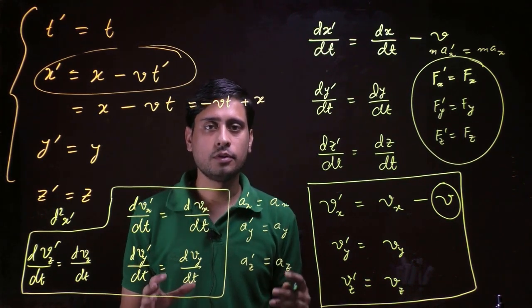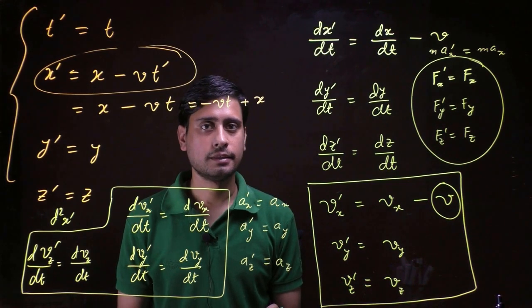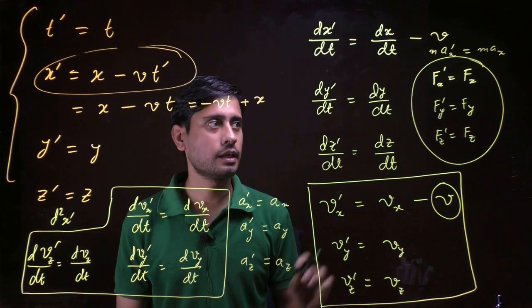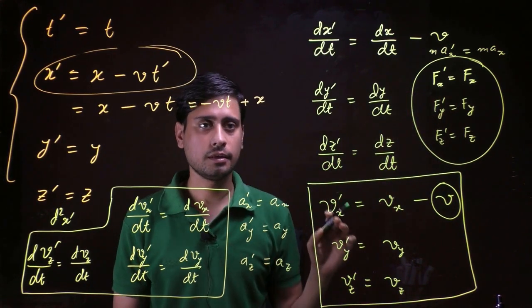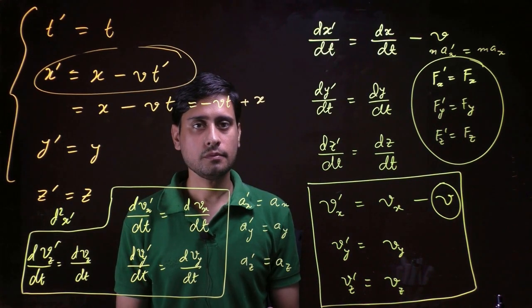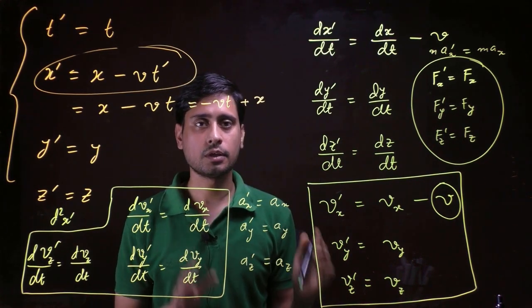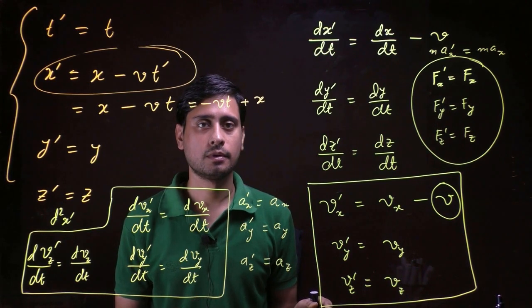So what we conclude from Galilean transformation is that the laws of mechanics remain the same. Why are we calling it that? Because here we are giving some laws of dynamics involving force. So we conclude from Galilean transformation that the laws of mechanics remain the same for all inertial frames.